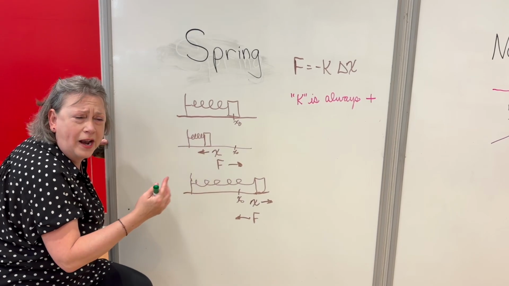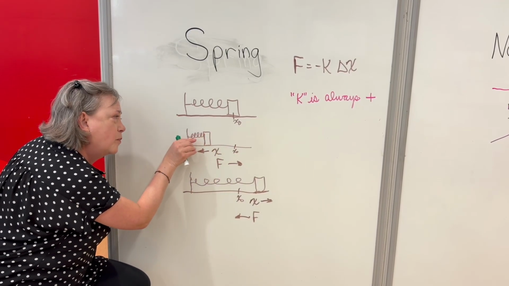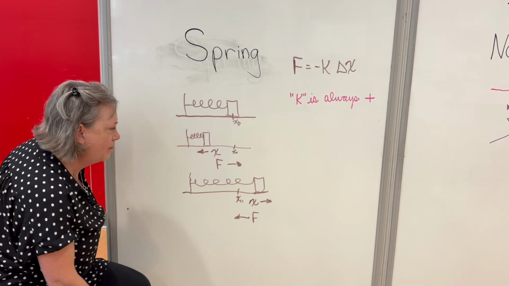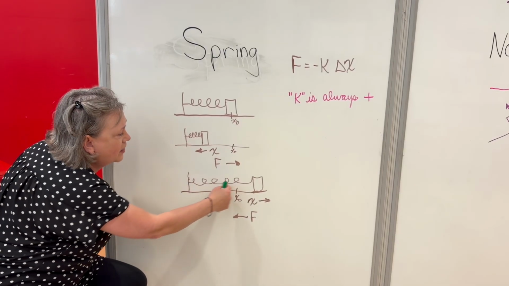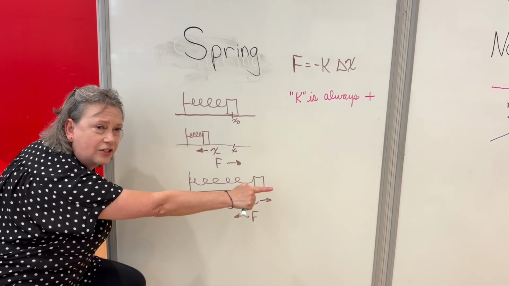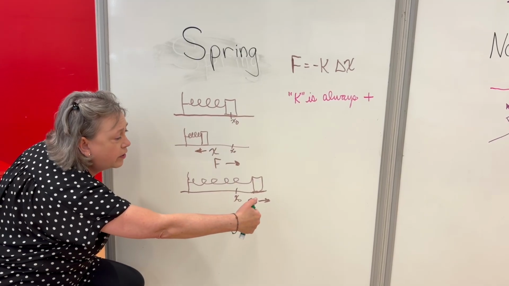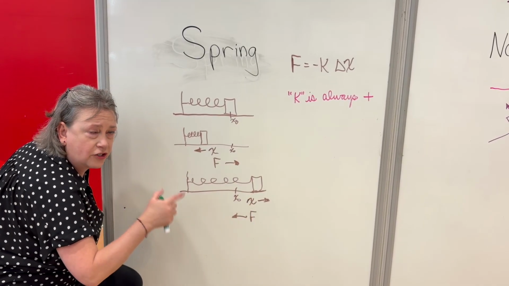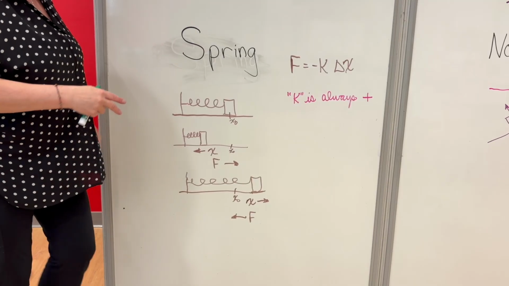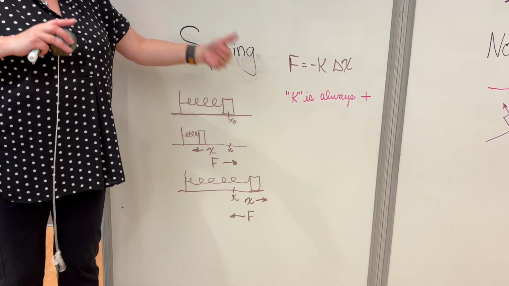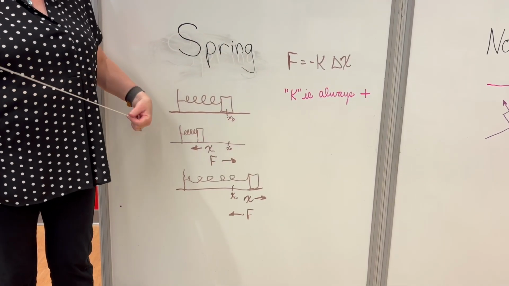That's what would happen if you push that up. The spring is going to want to push back that way. On the other hand, if I stretched it out, my delta X is that way now, and my restoring force is the opposite direction. So keep in mind, these spring forces, F and X, are always opposite directions.